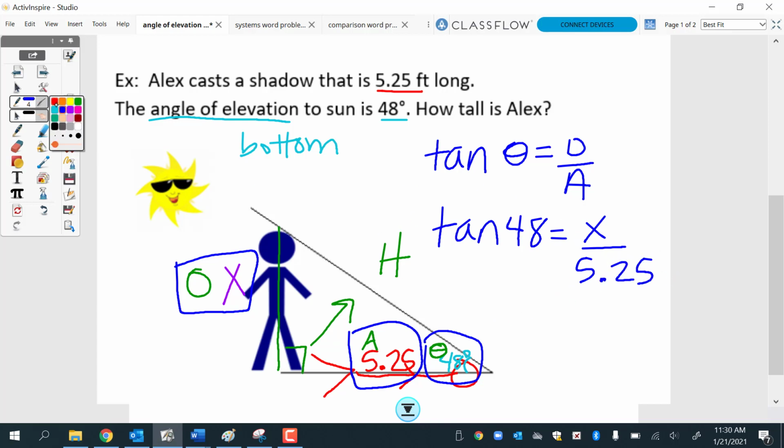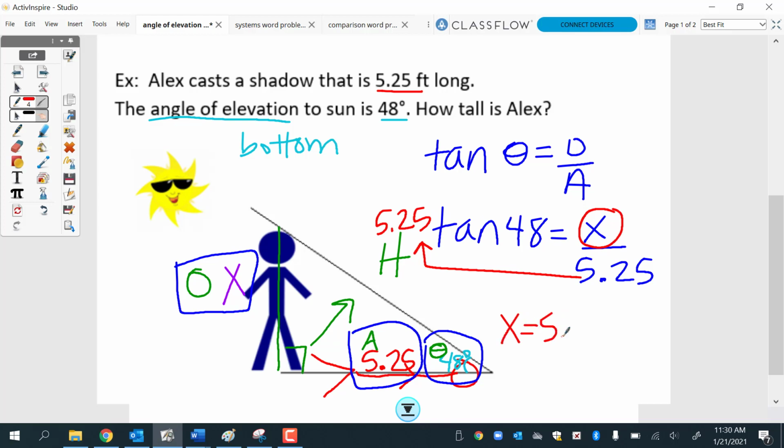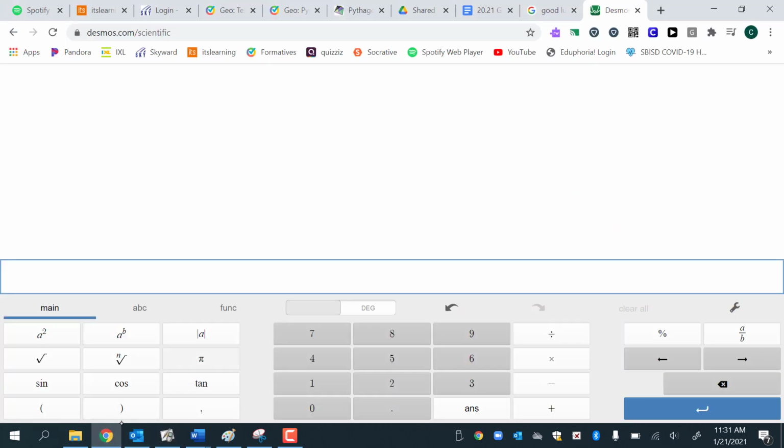Well, my X in this equation is in the top, so that means I'm supposed to multiply. So I'm going to move that 5.25 into the front, and I'm going to type that in. 5.25 times tan 48. So we're going to type that in.